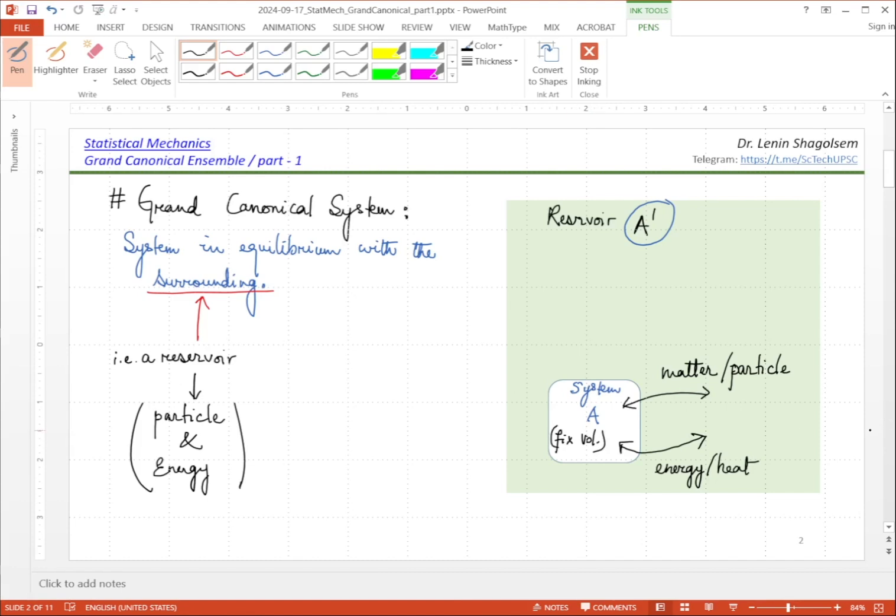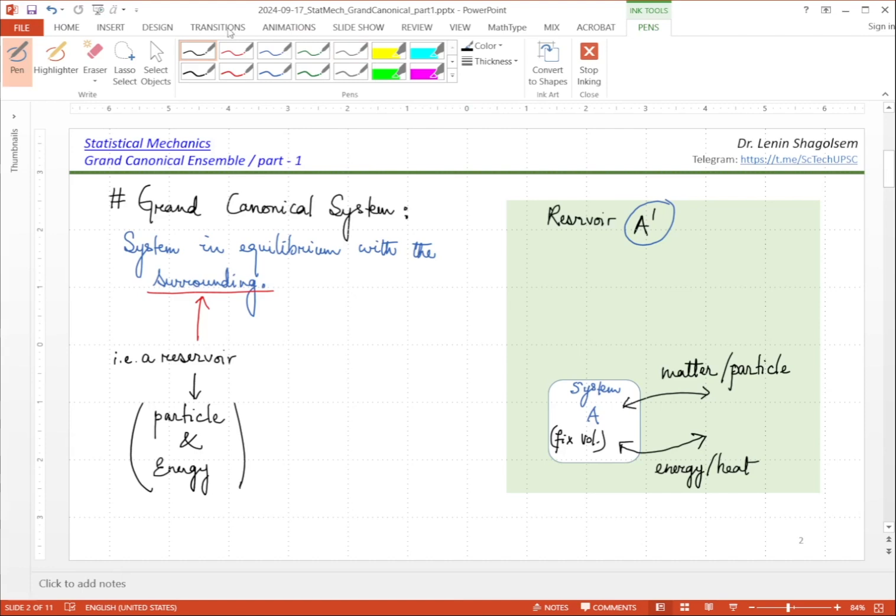So what is the summary? We have a system A in contact with the surrounding, and we allow exchange of heat as well as matter between the system and the surrounding. How will this freedom of exchange of both energy and matter affect the probability of finding the system in a particular state? That is our standard question.